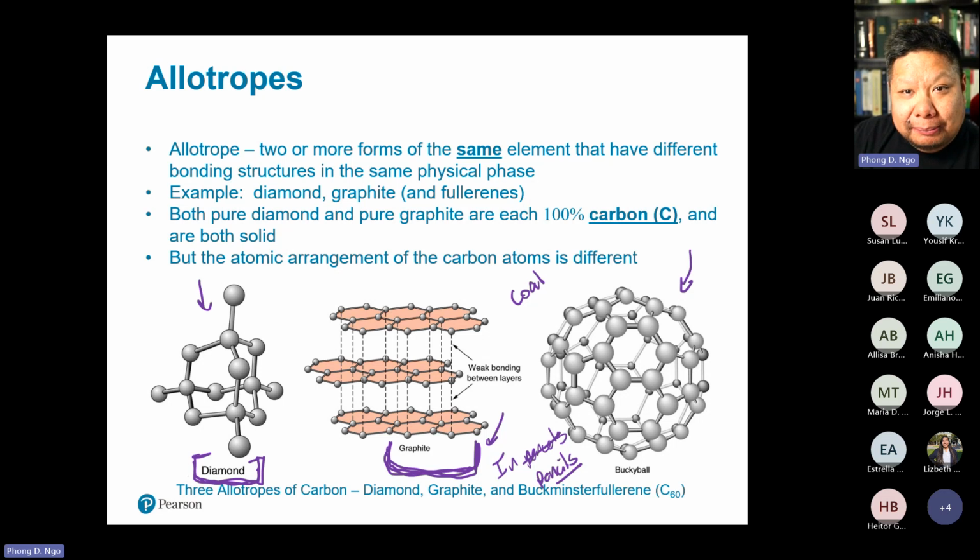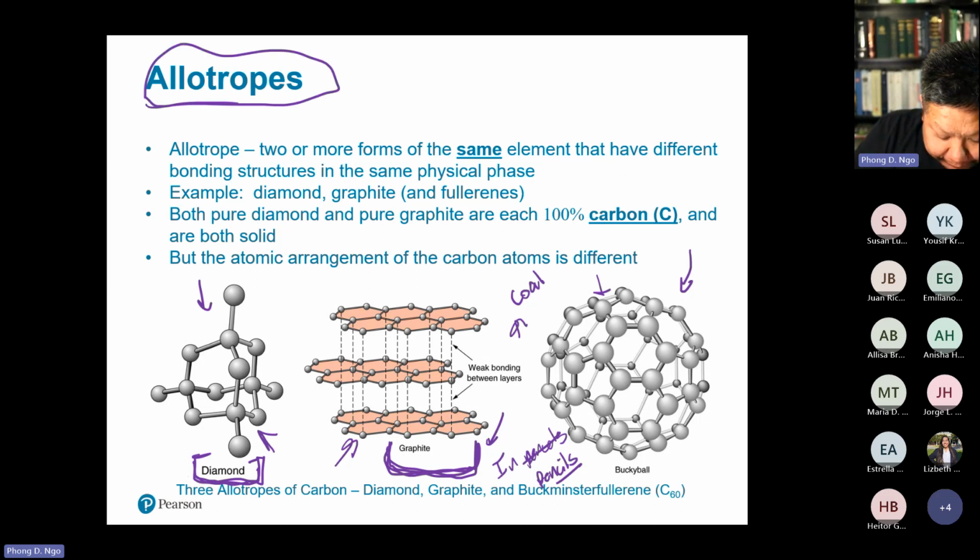It can be made into this thing called a buckyball, and this buckyball, right, is also made of carbon. But the point of it is that allotropes are all made of the same elements, but they look very different, right? Diamonds look very different from pencil lead, and they look very different from charcoal or coal, which look very different from a buckyball. That's what an allotrope is, right?